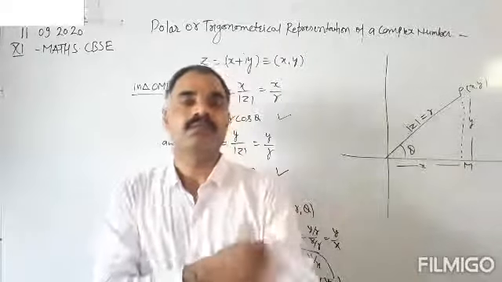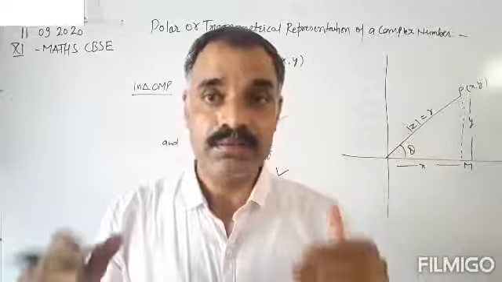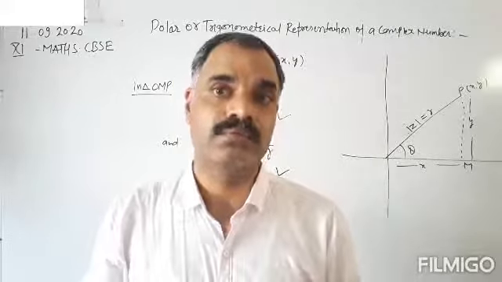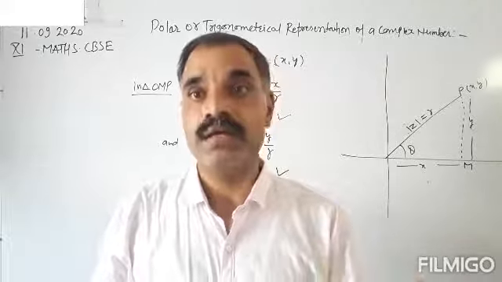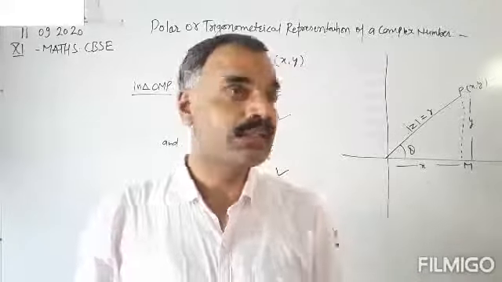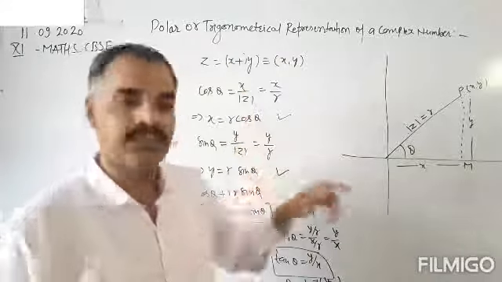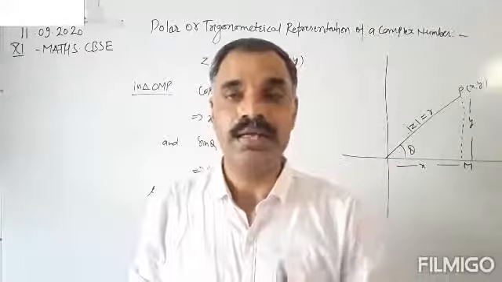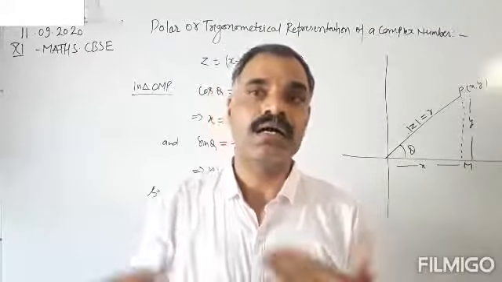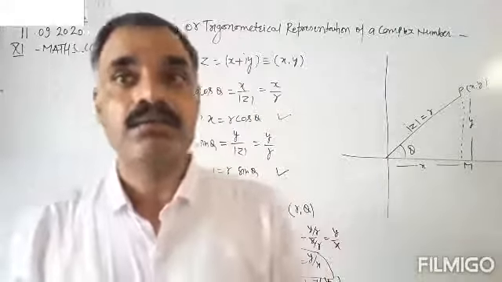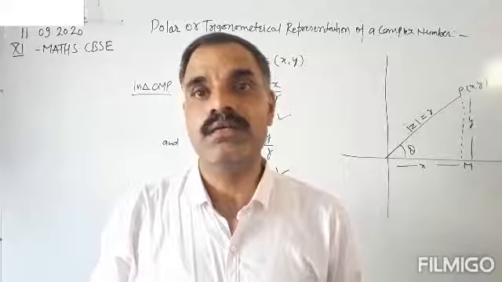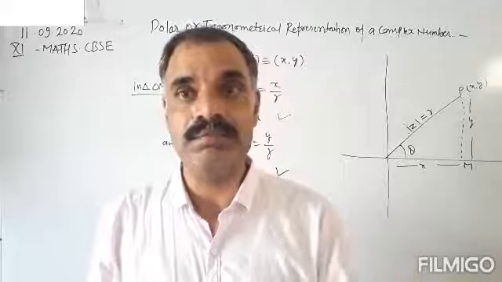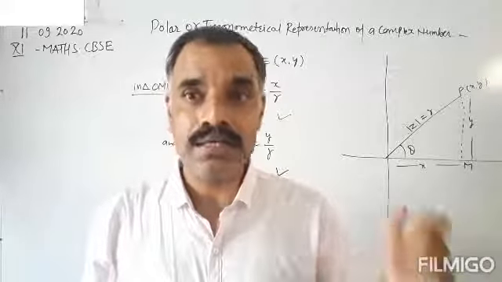After that, we will see what the signs of x and y are, that is, in which quadrant cos theta and sin theta, or x and y, lie.